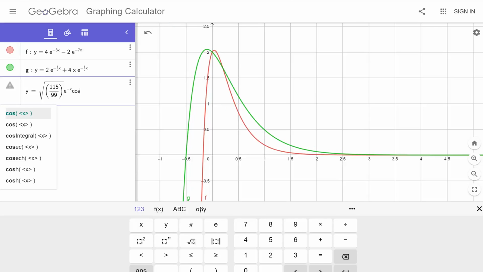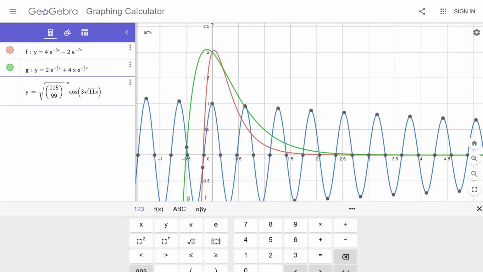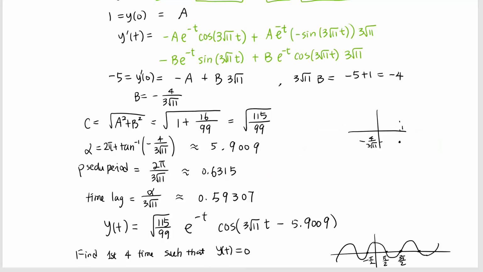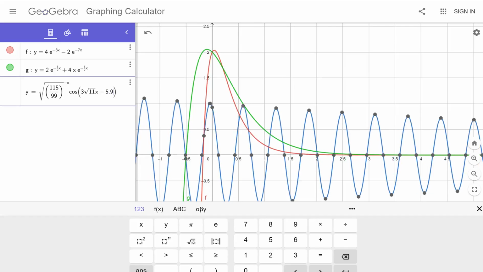Then cosine of 3 times the square root of 11, times x, minus, I forgot that number, 5.9009.